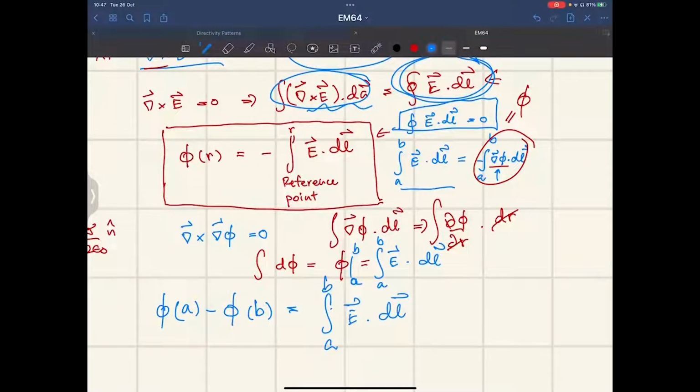Now the important thing is the reference point here. What is the reference point? In general, it is like when you are considering the reference point for a potential energy. You can choose any point as your reference. Remember when you study potential energy, anytime you calculate it, you need to know where your reference point is, right?